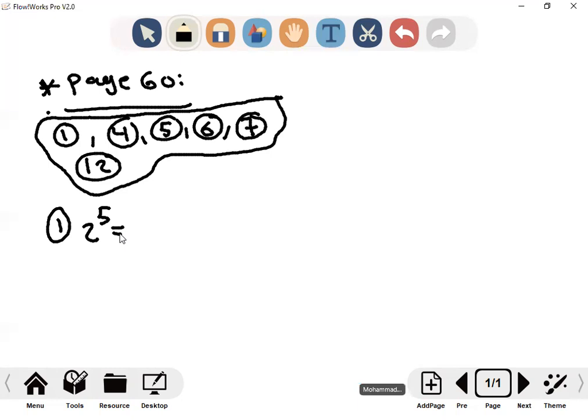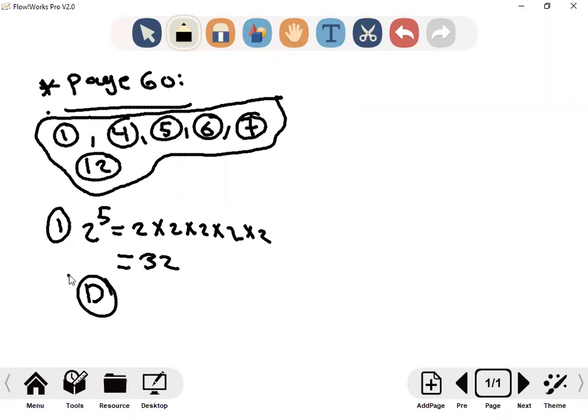What do we write here? 2 multiplied by itself 5 times: 2 times 2 times 2 times 2 times 2, which is 32. So the answer is 32, part D. This is question 1, guys. Solve it.